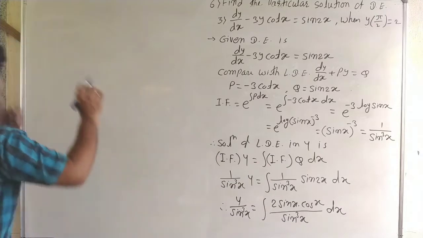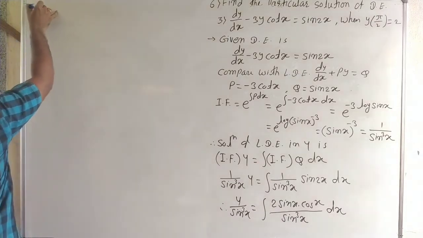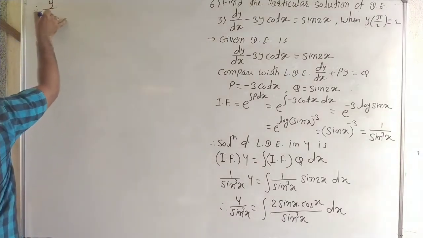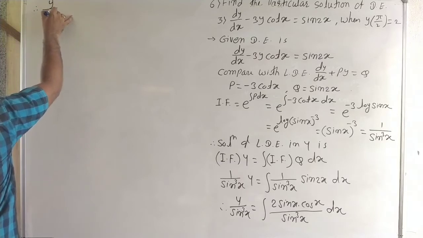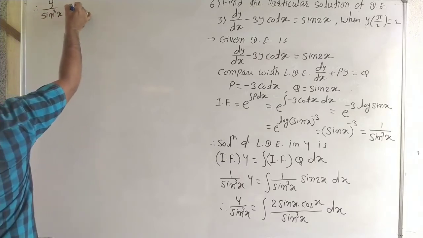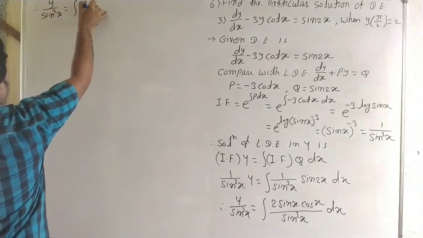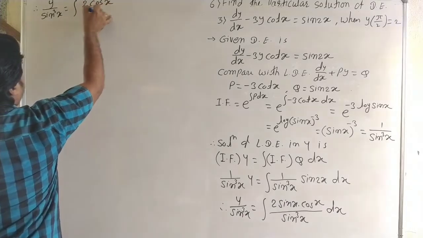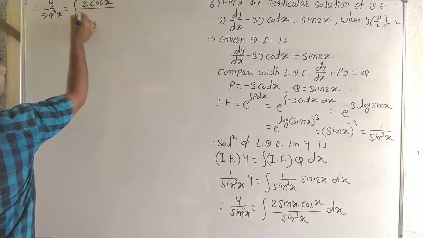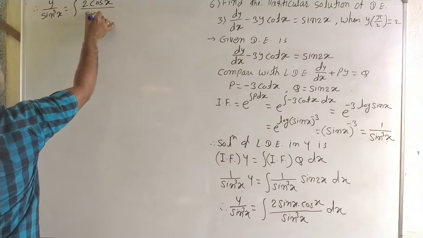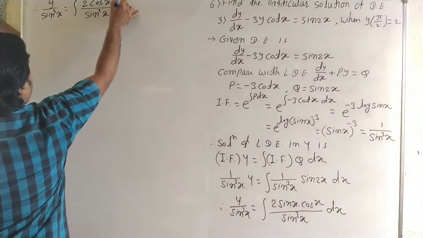Okay, here we write, therefore, y upon sin cube x is equal to the integral of 2 cos x upon sin square x dx.